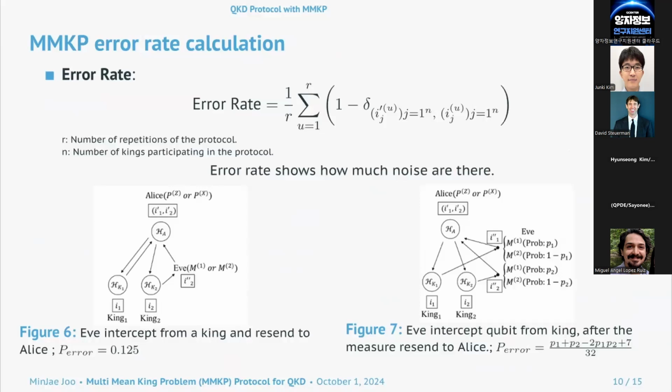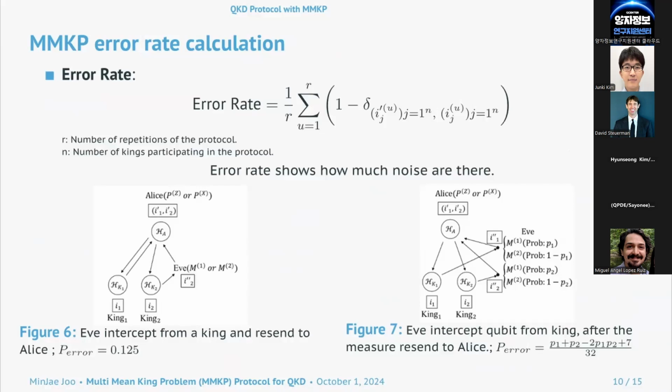In the first figure, Eve will intercept a qubit from one of the Kings and resend it to Alice. In this case, the error probability is 1/8. In the second figure, Eve will intercept the qubit, perform a measurement, and then resend it to Alice. The error probability depends on two factors, P1 and P2, which represent Eve's interception probabilities.